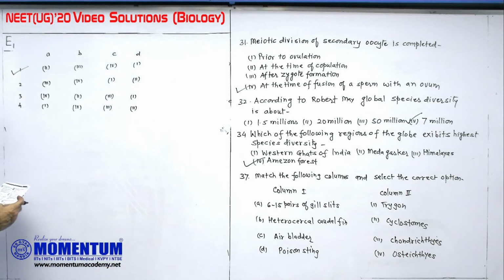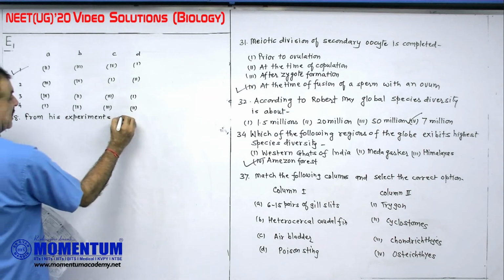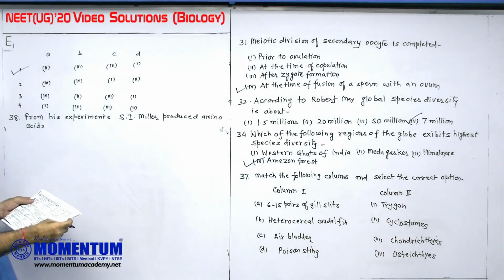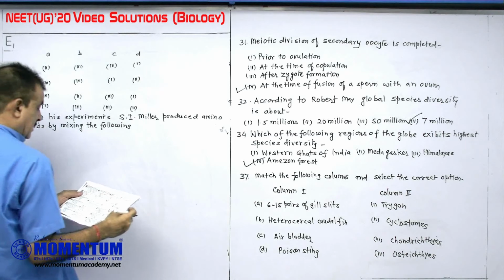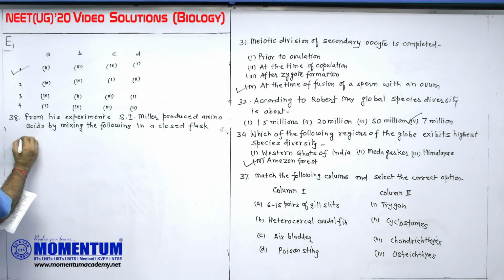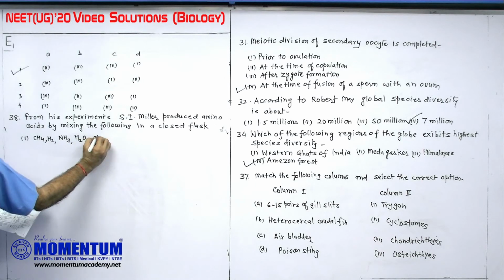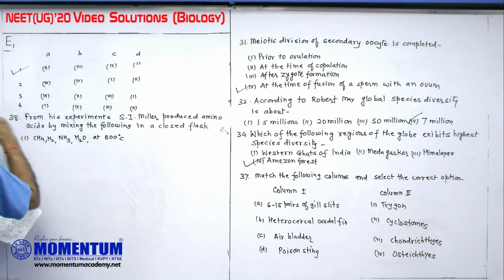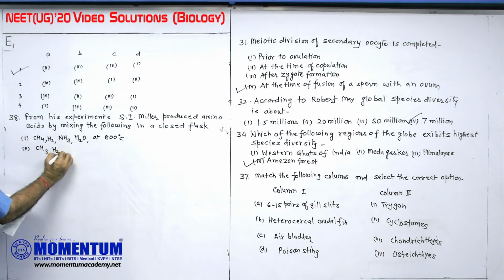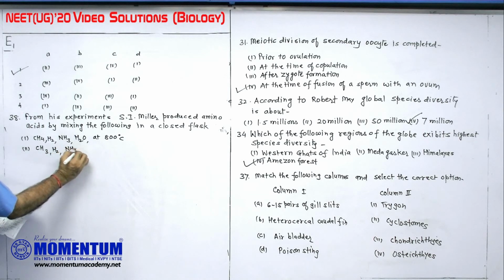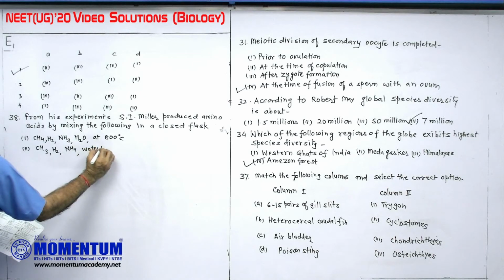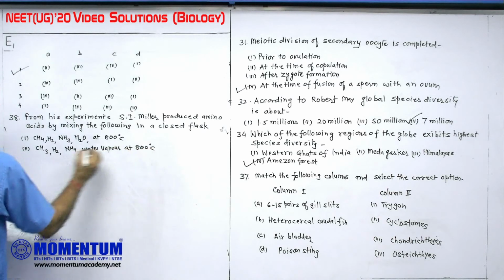Then after 37, 38: from the Haynes experiments, S.L. Miller produced amino acids by mixing the following in a closed flask. Number 1, methane, hydrogen, ammonia, water vapor at 800 degrees Celsius. Number 2, CH4, hydrogen, NH3, water vapor at 800 degrees Celsius.